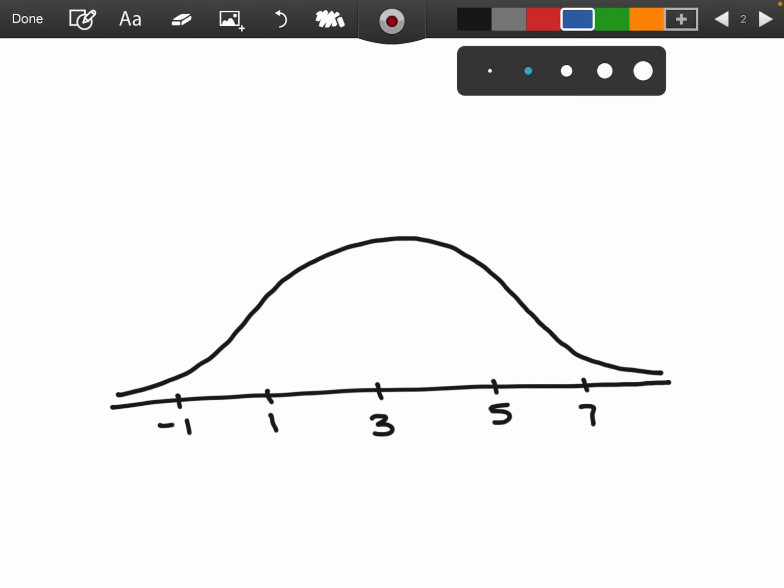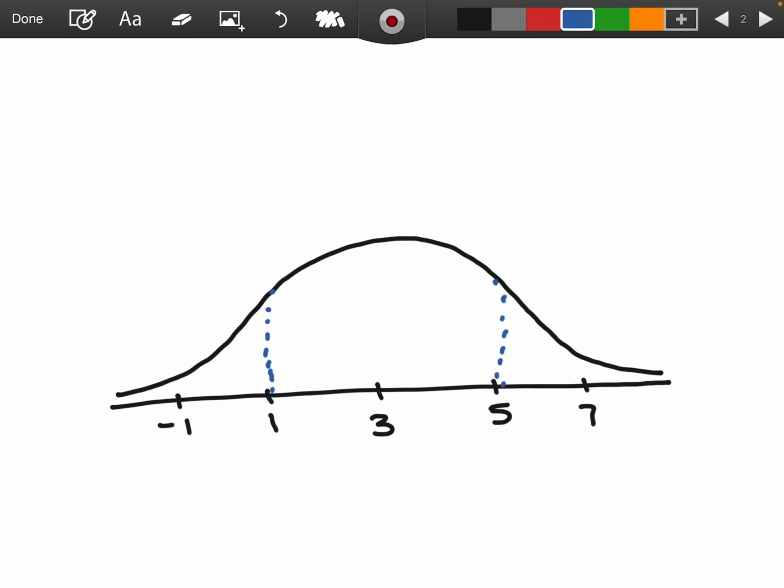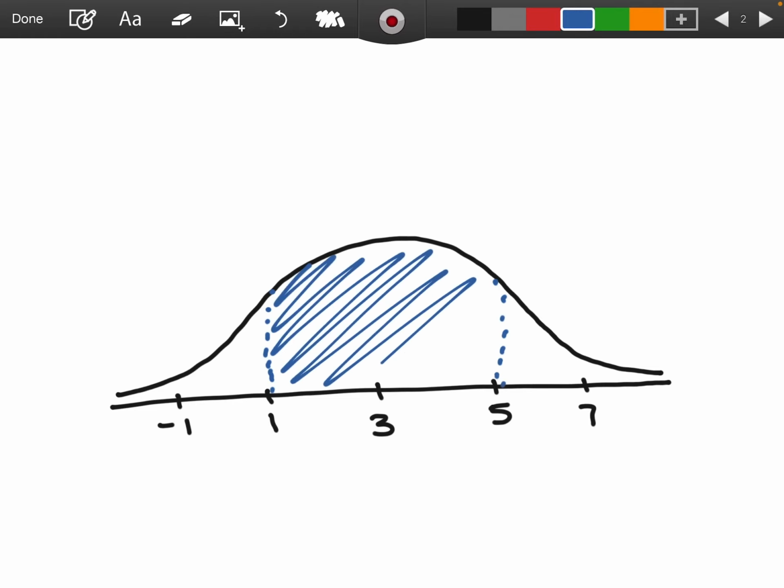I'll plot out a couple more points here. Okay. So I'm looking at what's the probability that I am between 1 and 5. Now I told you whenever you sketch these as a good guide, you should be looking at roughly 2/3 of your data should be within one standard deviation of the mean, just because it gives you a good guide for a sketch of this stuff.